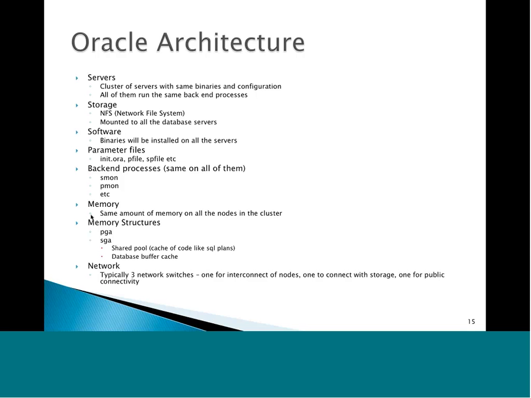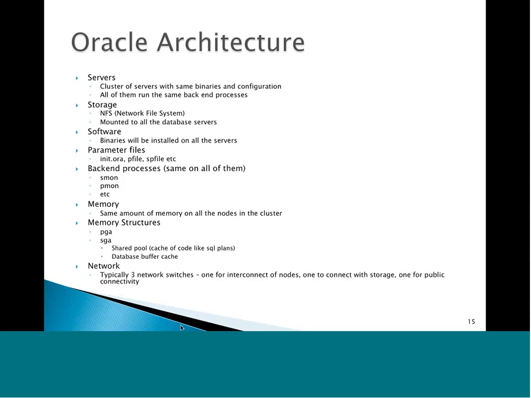I should have added that as well in this list. But it will be the same on all of them. The same backend processes will be running on all of them, the same memory, and even the memory structures will be the same, like PGA, SGA, and within the SGA, the shared pool and database buffer cache. These things have to be configured the same on all the nodes in the Oracle cluster.